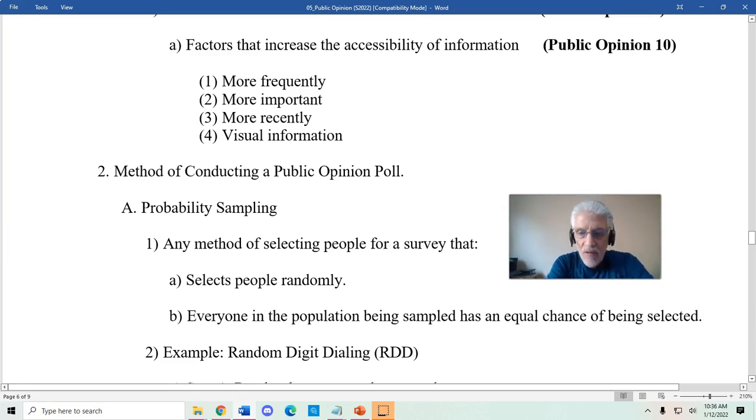But I want to talk about some other factors that affect the accessibility of information, the likelihood that it's going to be at the top of the head. First, the more frequently something is said, the more likely it's going to be at the top of your head.